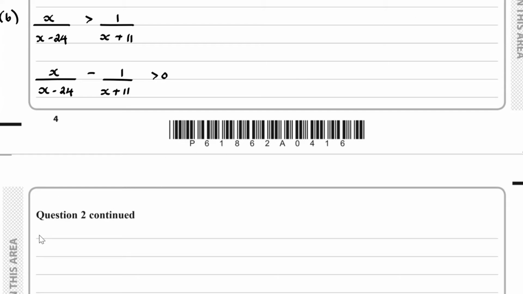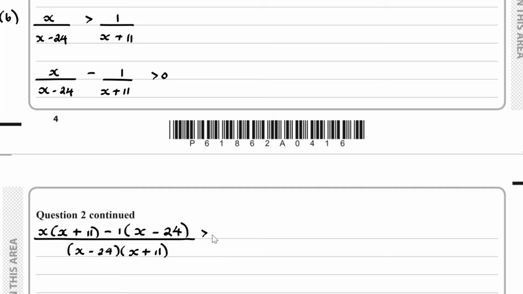We have x lots of x plus 11 minus 1 lots of x minus 24 over x minus 24 lots of x plus 11 being greater than 0.